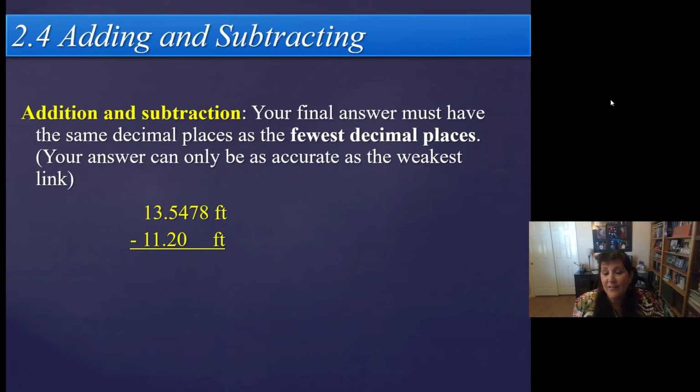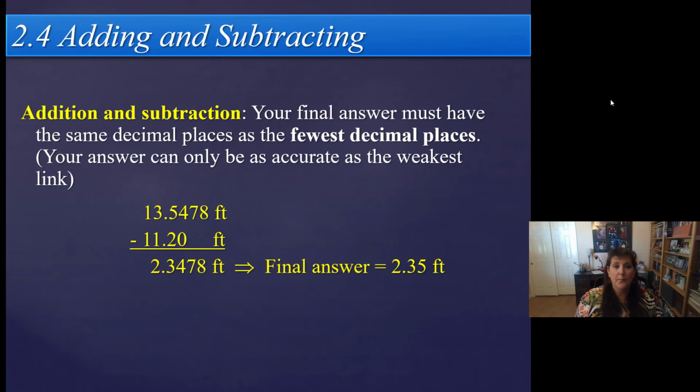Calculators don't know sig figs. So, I know the calculator says 2.3478 feet, but it's wrong. We can only have 2 decimal places because the fewest in the problem is 2. So we need to round that to 2.35 feet, final answer.